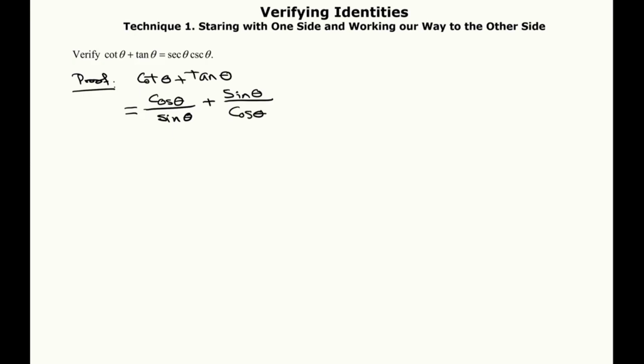Now we're going to do some algebra here and find the common denominator, which is not that hard. Sine theta, cosine theta. So in order to get to this common denominator, this sine theta needs to be multiplied by cosine theta.